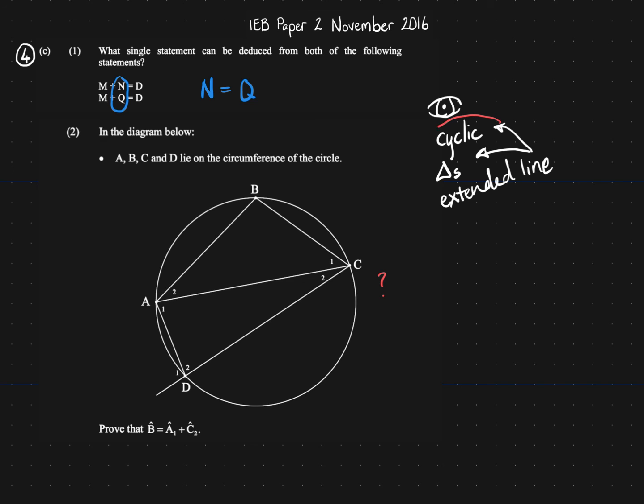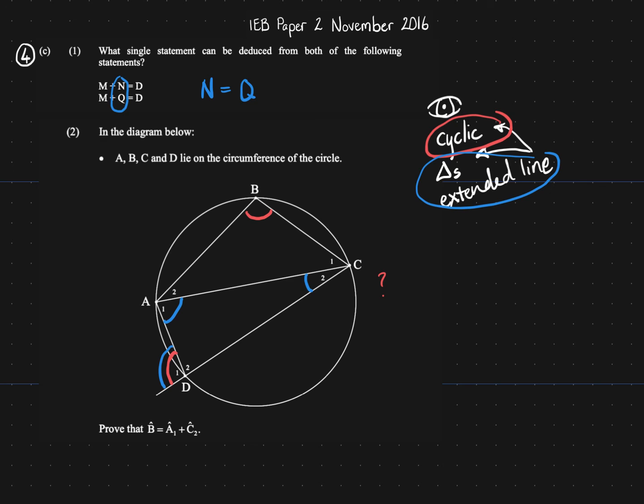But if we start talking about a cyclic quad, we know that D1 is going to have the same value as B1 because it's an exterior angle. And if we start looking at the exterior angle of a triangle, we know that A1 plus C2 also has the same value of D1. And this is where this question over here links up nicely, because it's pointing out that they're connected.